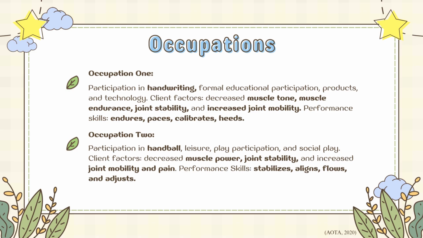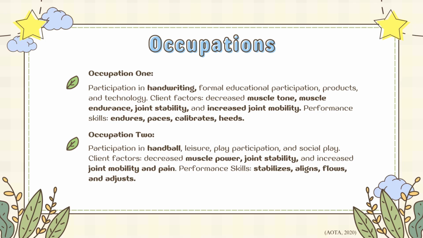So the performance skills needed to do this task are endures, so her ability to persist through the task without demonstrating fatigue or having to pause to stop, but because she does have weakness, this would be affected.